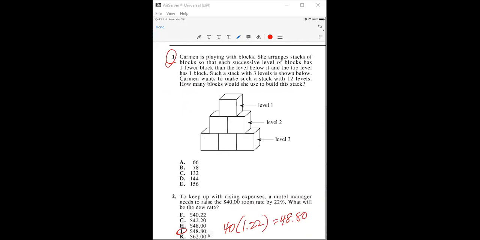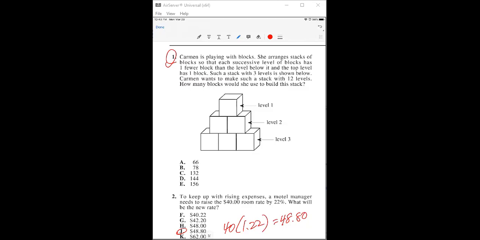Generally, when you start the ACT, they start with pretty easy questions up till about 10, 12, somewhere in there, and then they start to get a little more difficult. And then by the time you get over to number 50 or so, the questions are relatively more difficult. But I thought this number 1 for a starting question was actually challenging. It would be challenging for a lot of students.